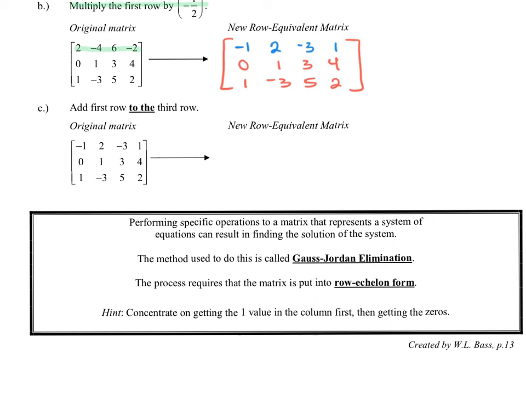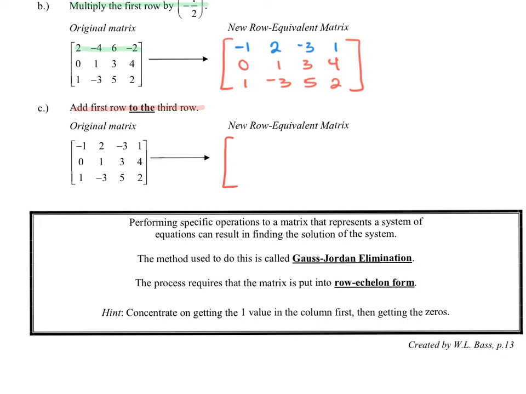Then my last option for an elementary row operation would be to combine some rows. So on this one, I'm going to add the first row to the third row. So it's really my third row that's going to change. My first two rows are going to stay the same this time.